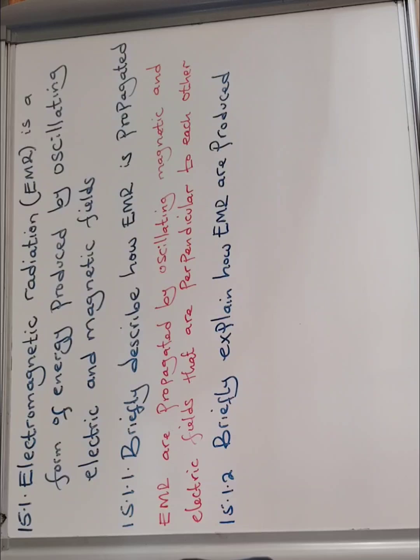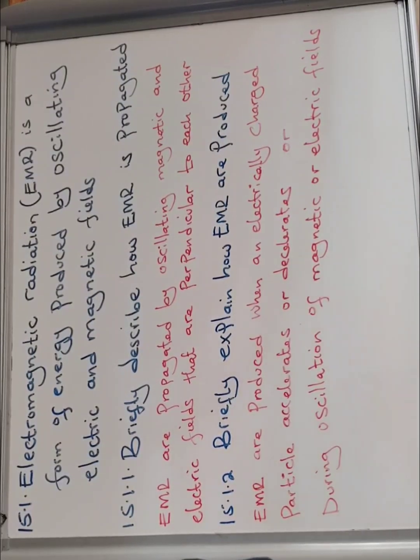When a charge accelerates, accelerating means changes in velocity, then that acceleration leads to production of electromagnetic radiation. So EMR are produced every time a charge accelerates. Let us put that one down.